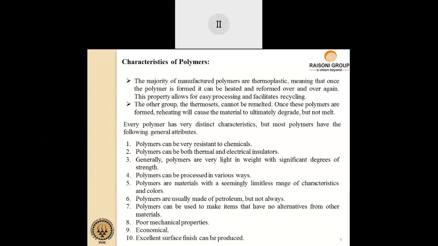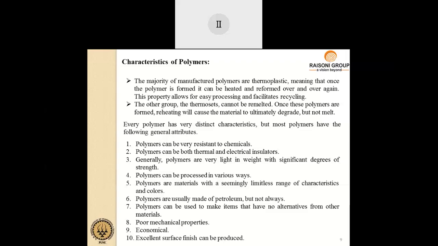So this is very interesting: if you manufacture a thermoplastic polymer and after some application, you feel that you need to reform it, you need to add some properties, or you need to improve that polymer, then you can do it by heating that polymer and going through different processes.